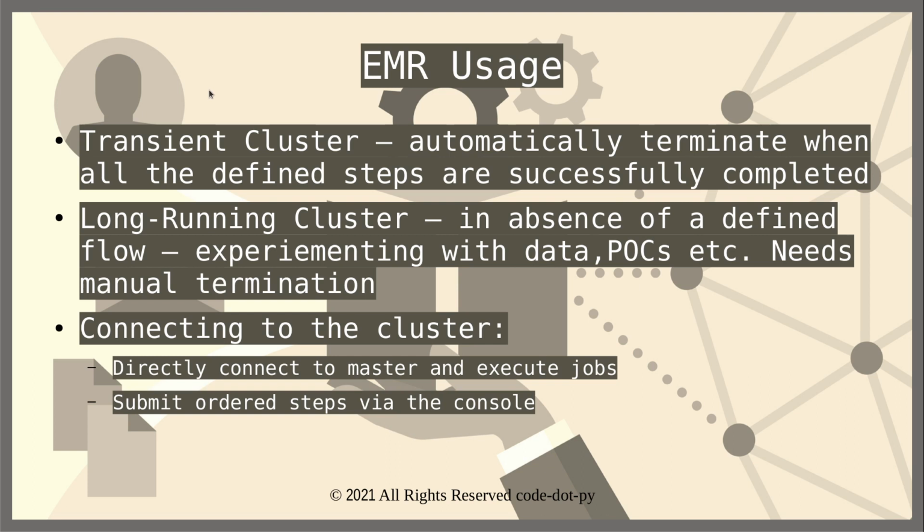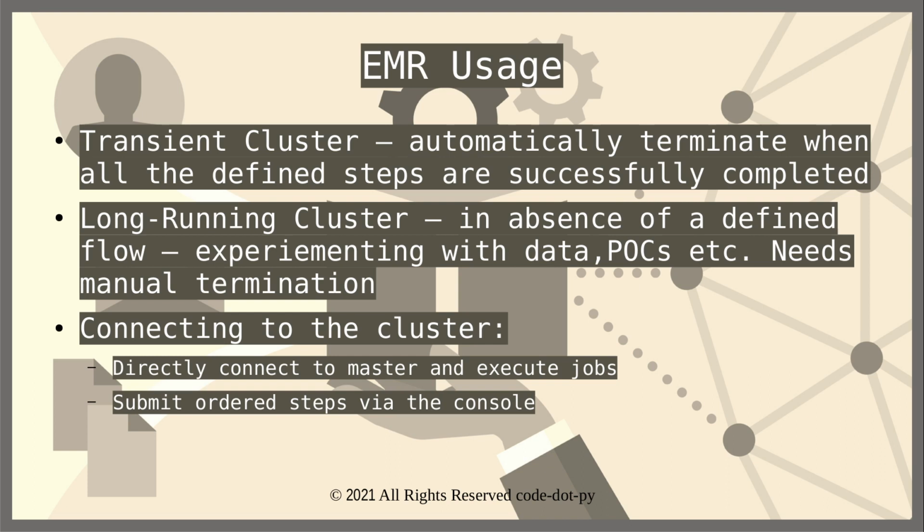Next, when we talk about EMR usage, there are two types of clusters that can be created. One is a transient cluster. It is a cluster which automatically gets set up and then gets terminated when all the defined steps are successfully completed. The other option is the long running cluster, for when our workflow is not well defined and we are trying to perform, let's say, POCs, or we are just trying to experiment or test some code with the data.